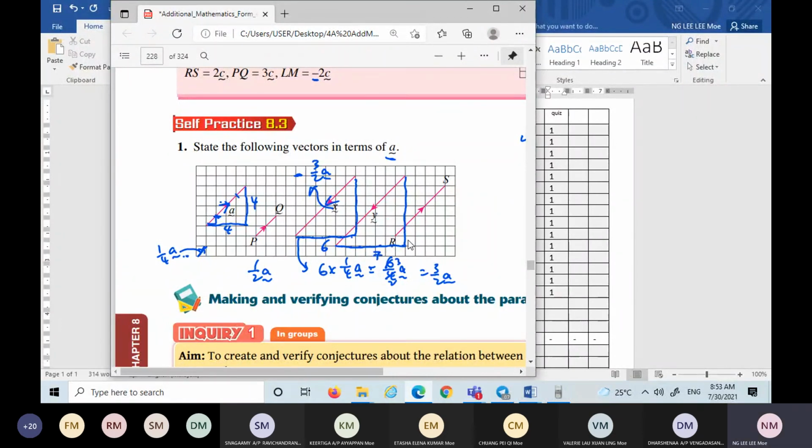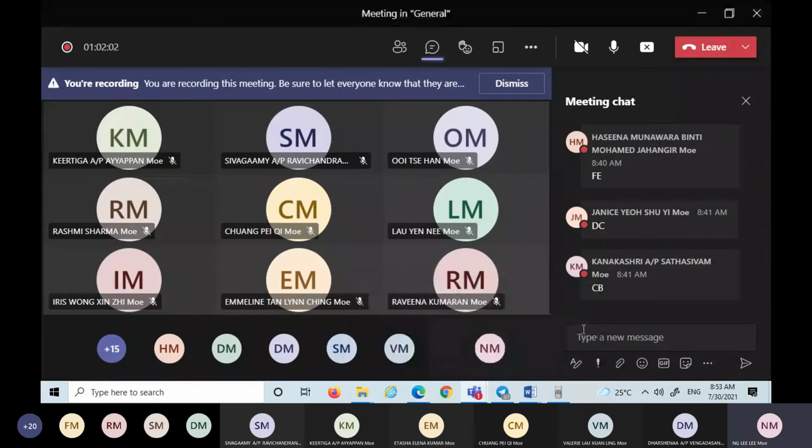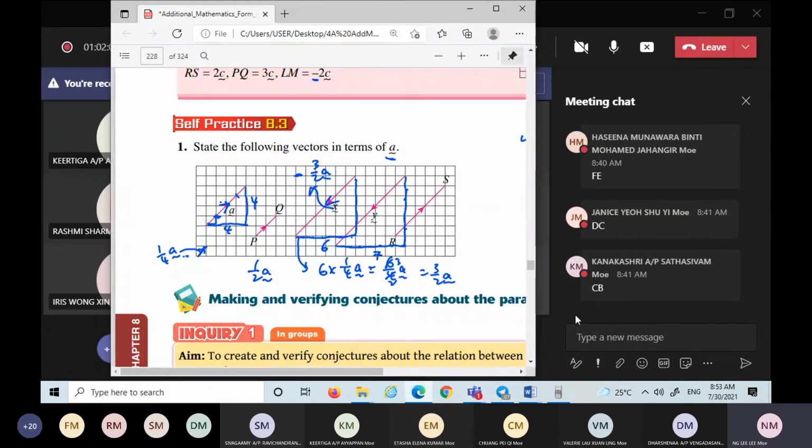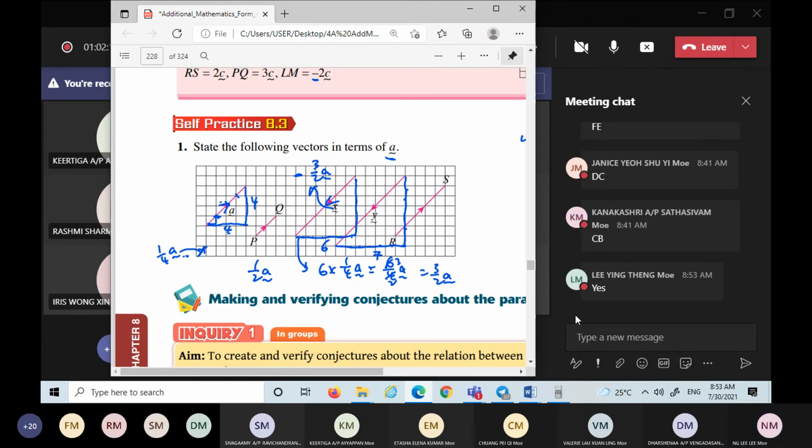This is 7. Is Yin Ting here? Can you hear me? Anyone answer? Okay, Yin Ting, yes. Can you do y? State in terms of a.